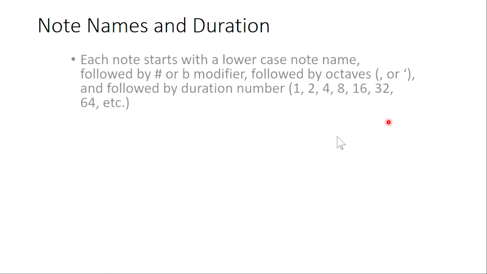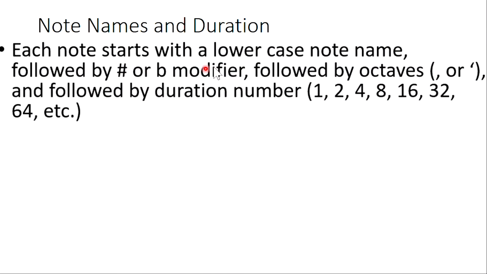So let's start with the note names and durations. Each note starts with a lowercase note name from A to G, followed by either a pound sign that represents sharp or b that represents flat, and followed by octaves.